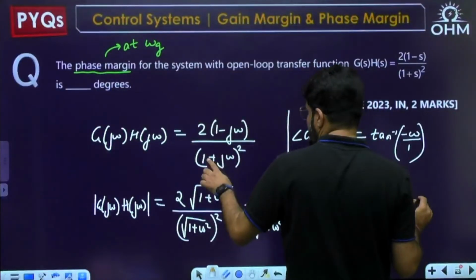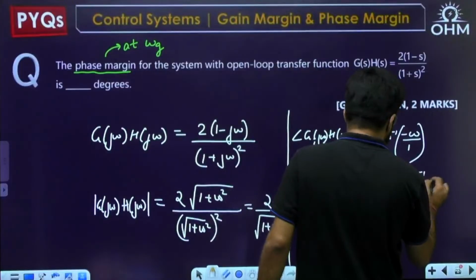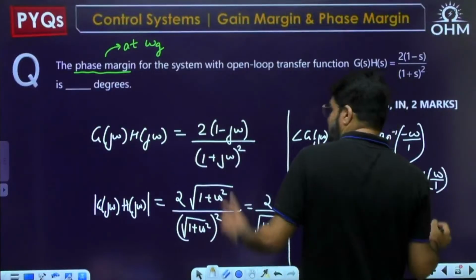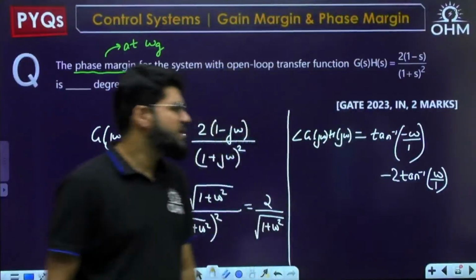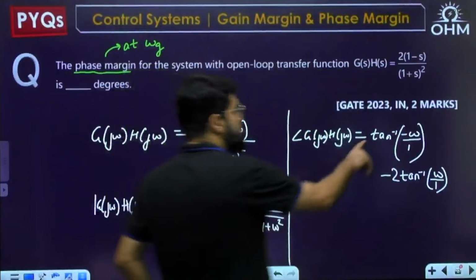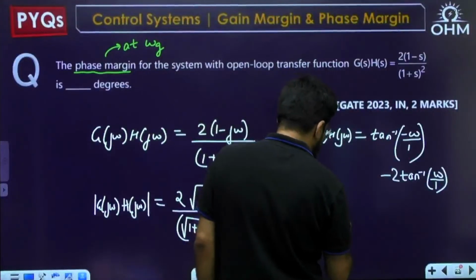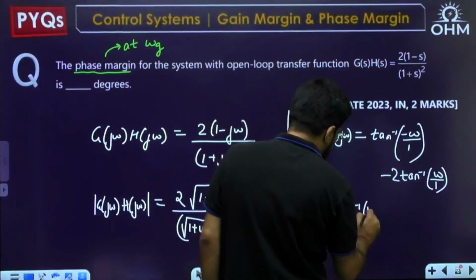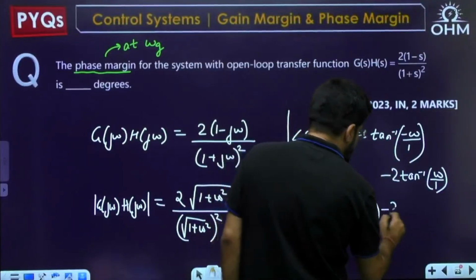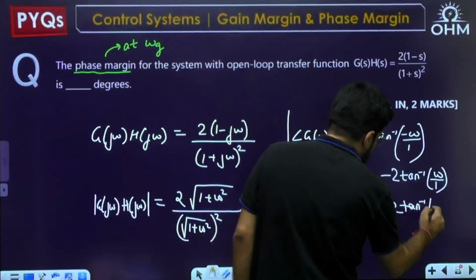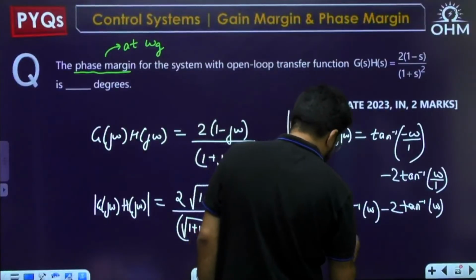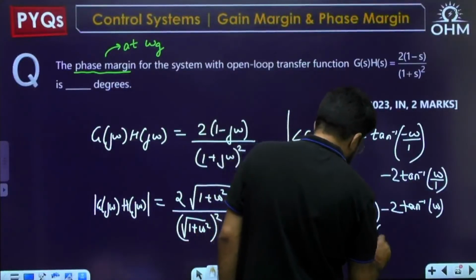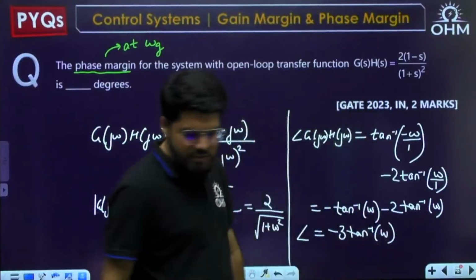Tan inverse y by x, so this is tan inverse omega by 1. But again, one more (1 plus j omega), so 2 times this angle will come, 2 times tan inverse omega. Tan inverse of minus y by x is minus tan inverse y by x. So minus tan inverse omega and minus 2 tan inverse omega. So what is the overall angle function? Overall this angle is given by minus 3 tan inverse omega.